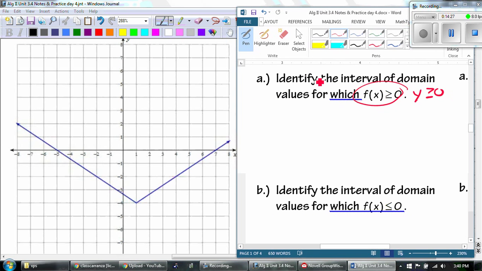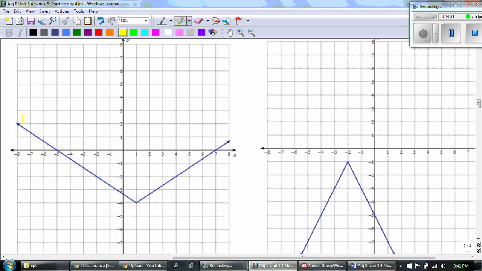So where is y greater than 0? I'm greater than 0 over here, and I'm greater than 0 here. So if I am drawing that, that's where I'm greater. I have a nice break, and then I pick it back up again.